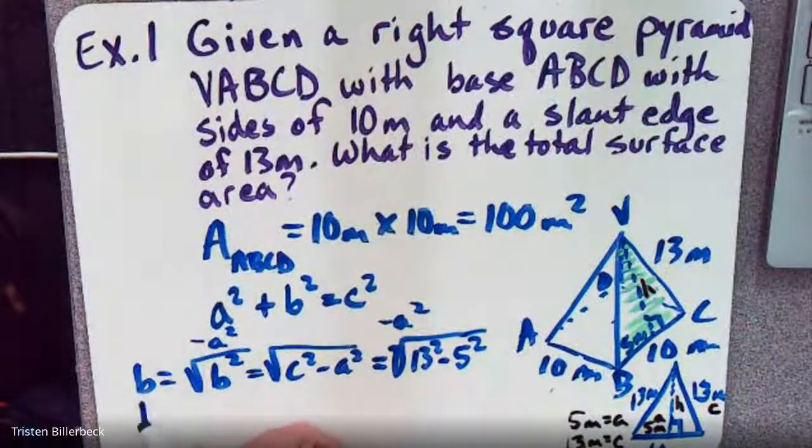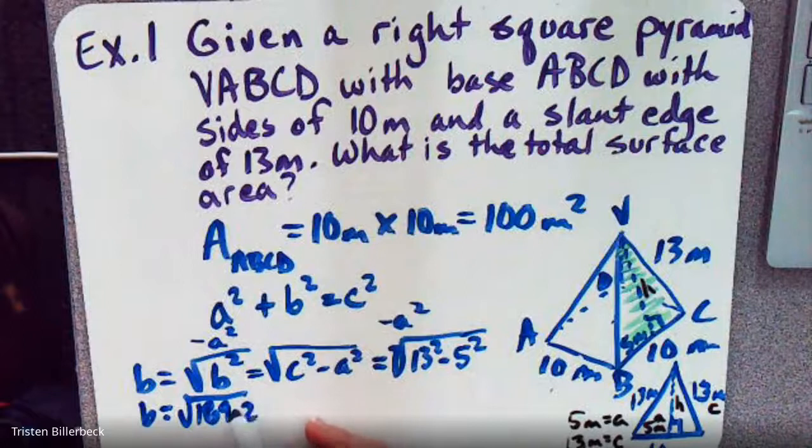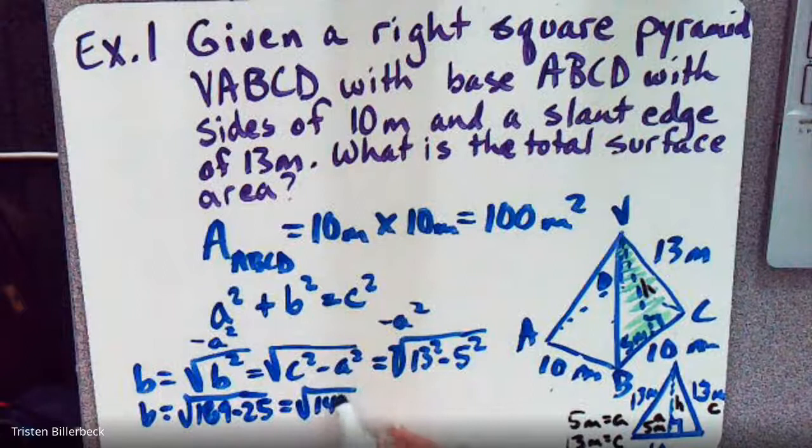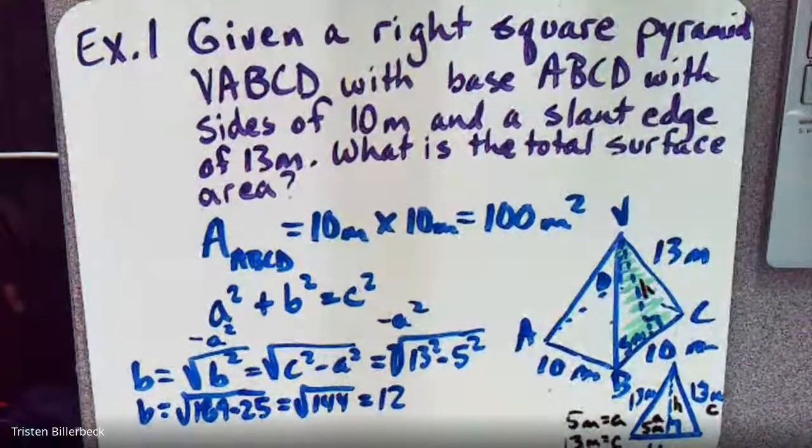So then I have B equals the square root of 169 minus 25, which gives me the square root of 144, and that's 12. So now I have my height.